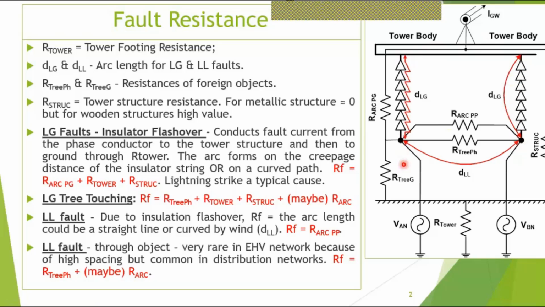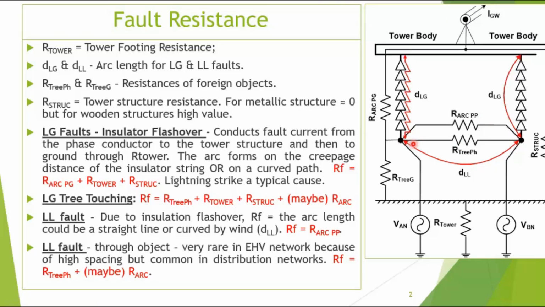And when an LL fault takes place, there is a conductor to conductor flashover. The flashover may be through air, which is denoted by this line over here, the distance between the face-to-face conductors, and that becomes the cause of my arc resistance, which is denoted by R arc PP.